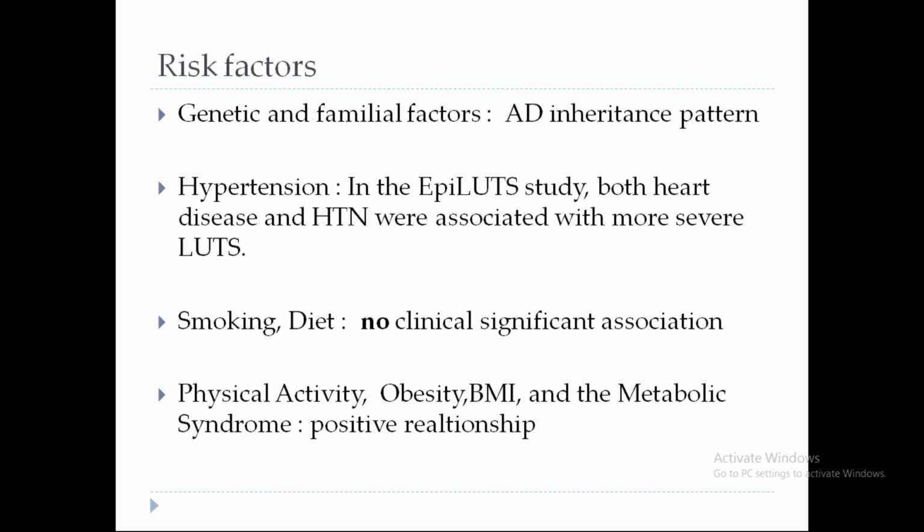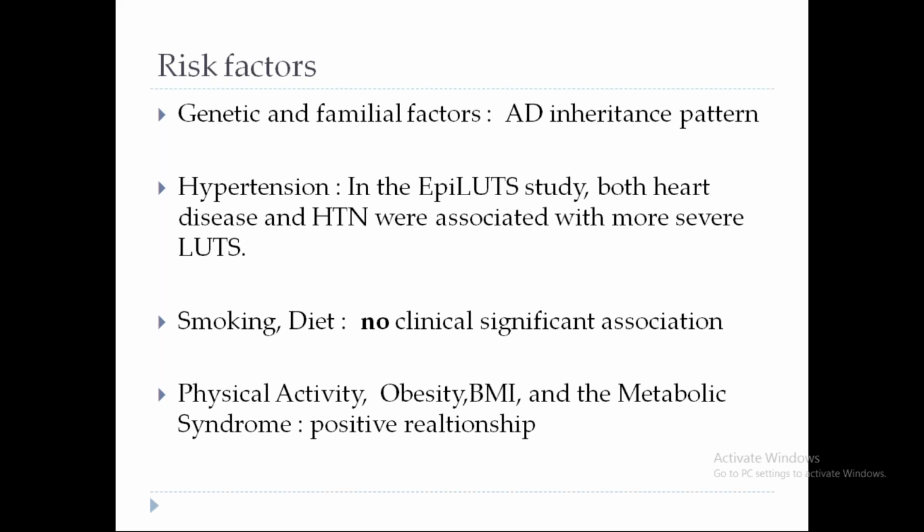Risk factors are genetic and familial factors, that is autosomal dominant inheritance pattern, and hypertension. In the EPILET study, both heart disease and hypertension were associated with more severe lower urinary tract symptoms. Smoking and diet, there is no significant association.